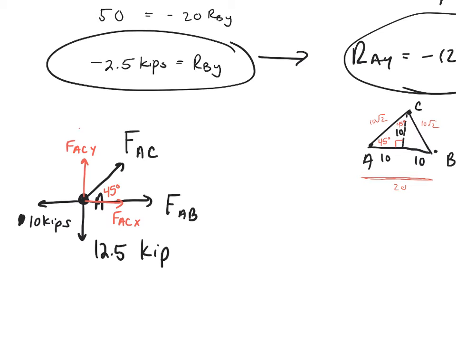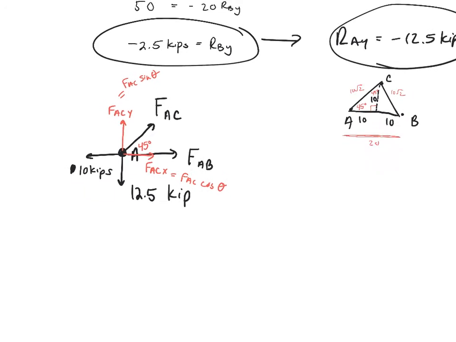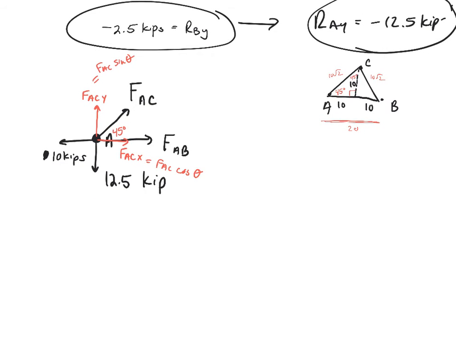Okay, and if you recall, this is just FAC times the sine of the angle. And this guy over here is just FAC times the cosine of the angle. So when I'm looking at my equations of equilibrium, I could say in the y direction, I've got a negative 12.5, because that's pulling down, and a positive FAC sine 45.